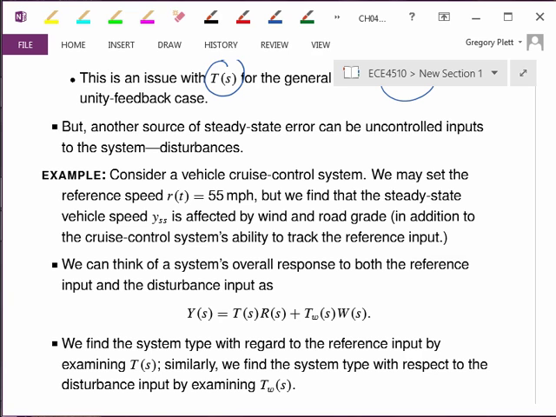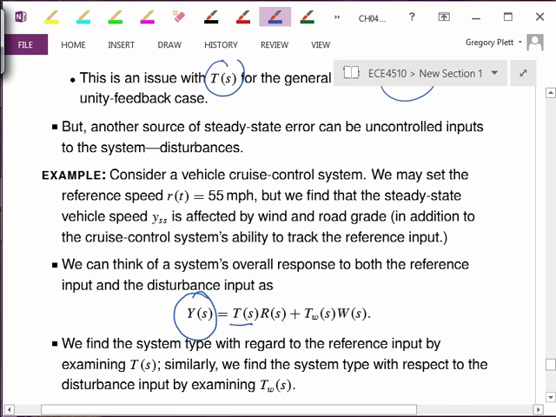So when we're thinking most comprehensively about what's going on, we say that the output of the system, Y, has some transfer function T of S that multiplies the reference input, and there will also be some other transfer function TW of S that multiplies the disturbance input.